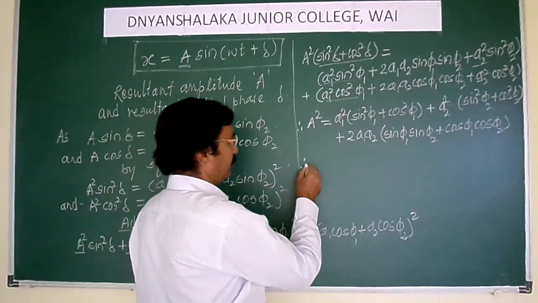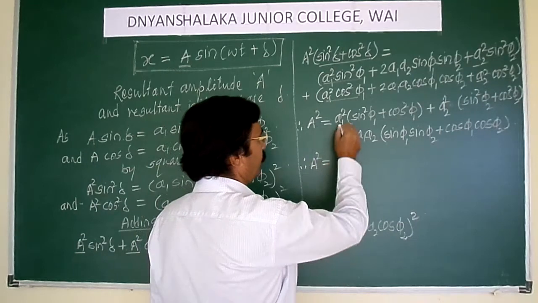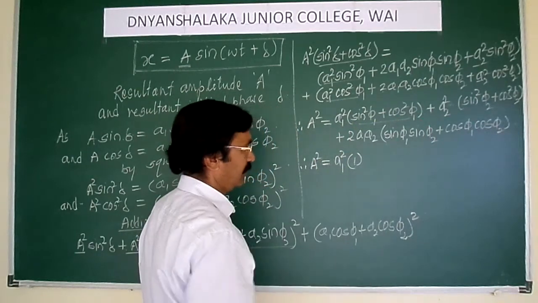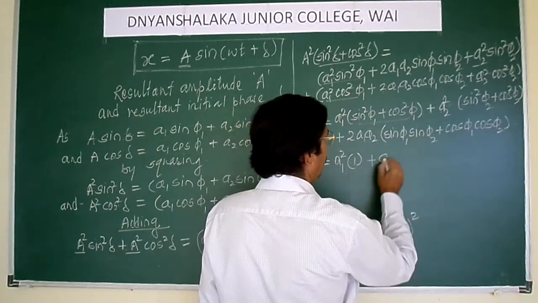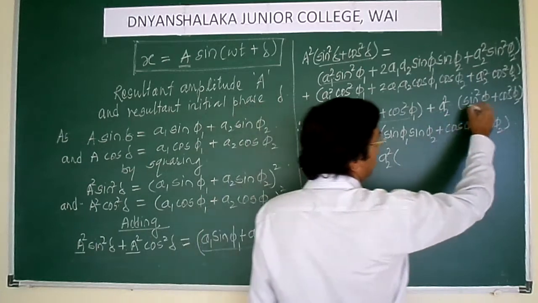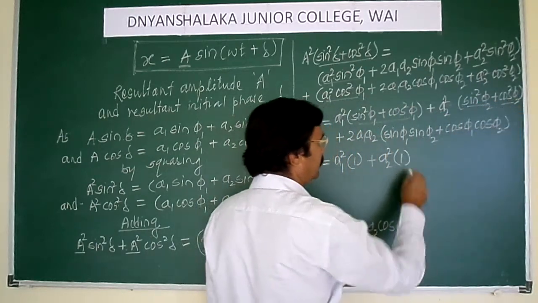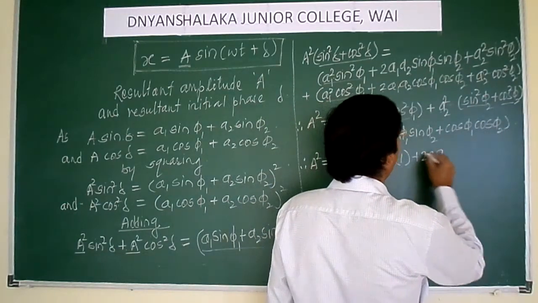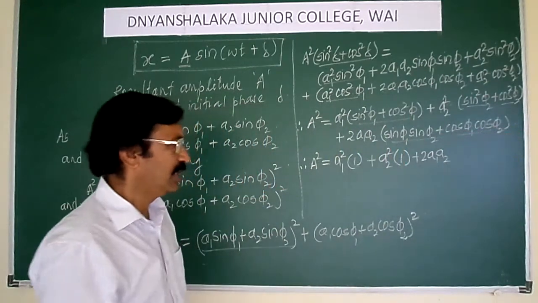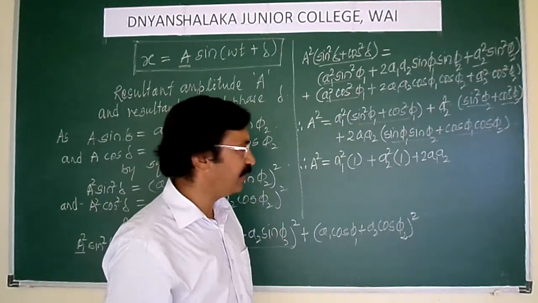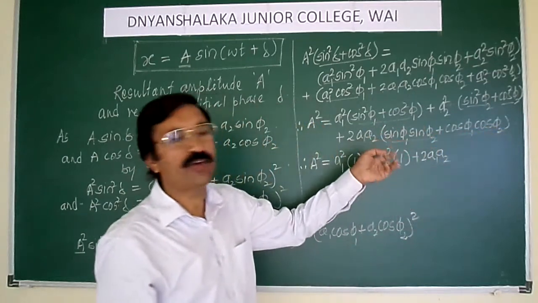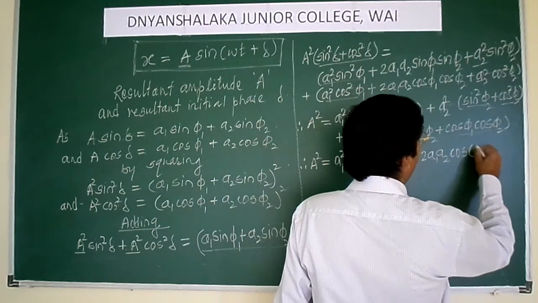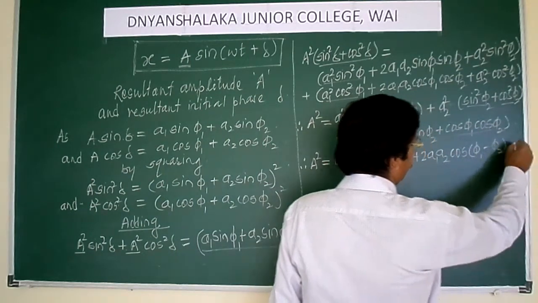Therefore, A square is equal to A1 square into this term will be 1, plus A2 square, sin square phi 2 plus cos square phi 2 will be 1, plus twice A1 A2. This is the expansion of cos of a minus b, which is cos a cos b plus sin a sin b, and so this can be written as cos of phi 1 minus phi 2.